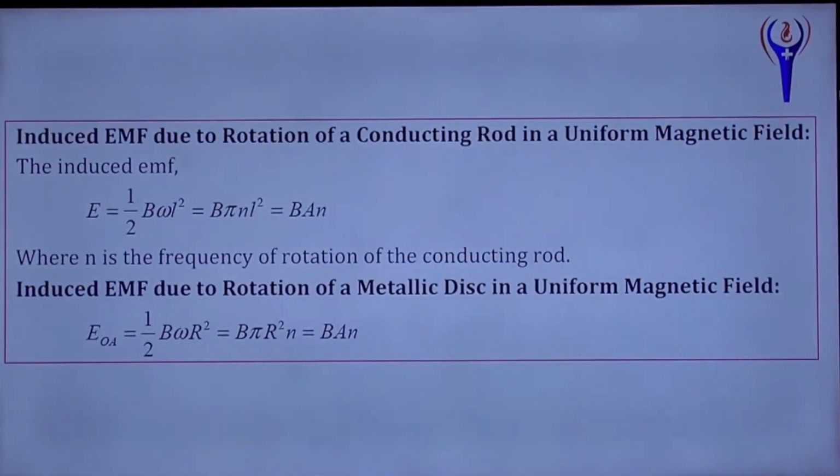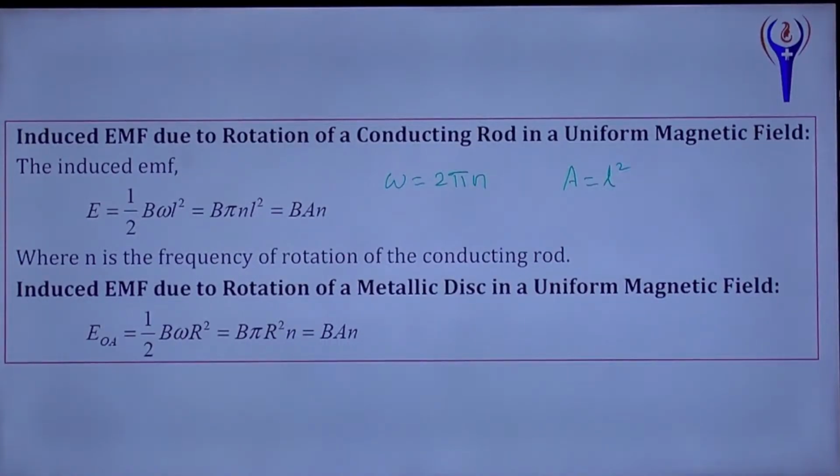Induced EMF due to rotation of a conducting rod in a uniform magnetic field: E equals half B omega L squared, and omega equals 2 pi N, where N is the frequency. So E equals B pi N L squared, where A equals L squared is the area.